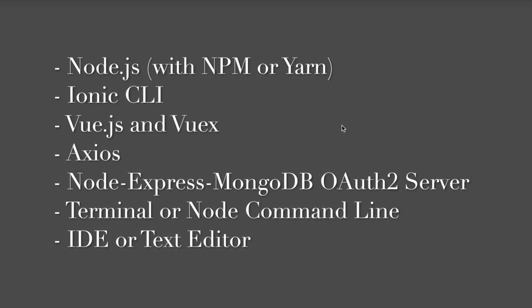The following tools, frameworks, and modules are required for this tutorial: Node.js with npm or yarn, Ionic CLI, Vue.js and Vuex, Axios, Node Express MongoDB OAuth2 server, terminal or Node command line, IDE or text editor.